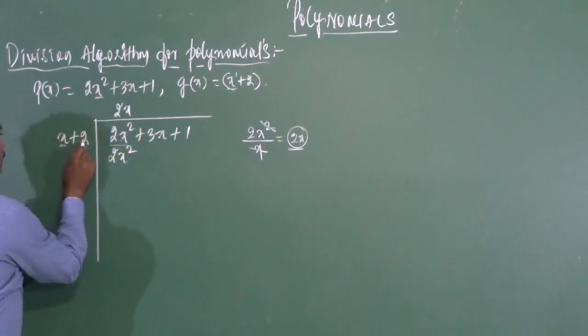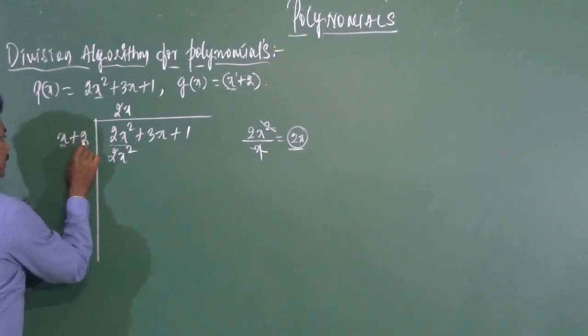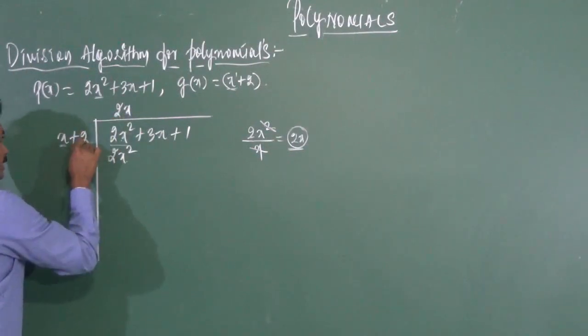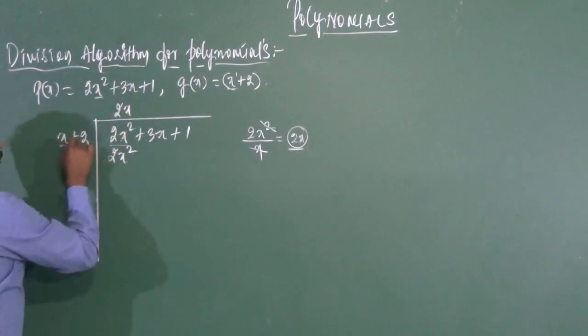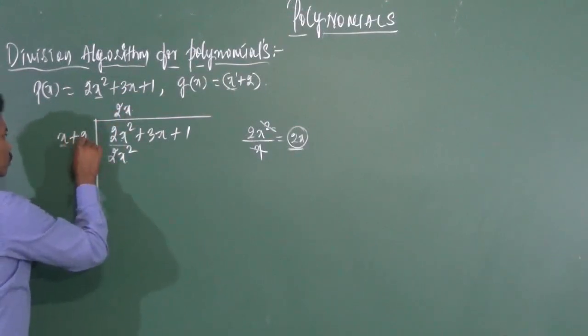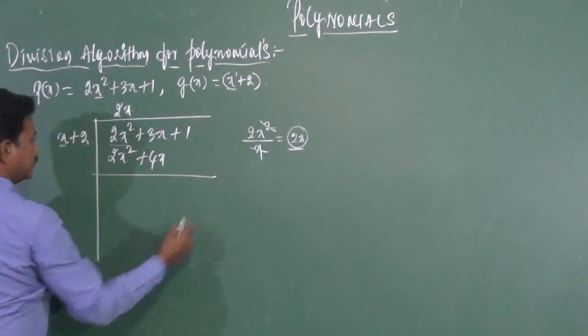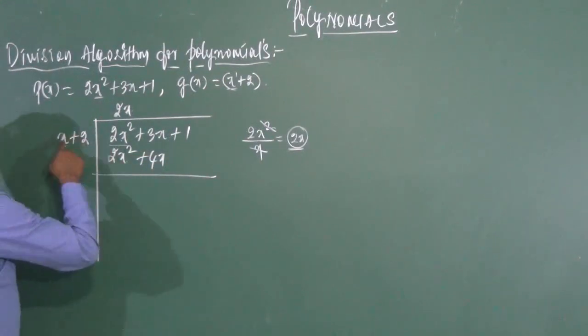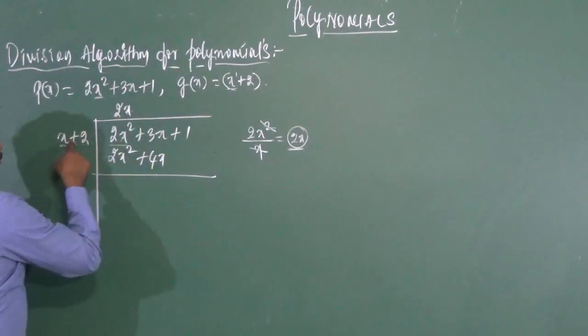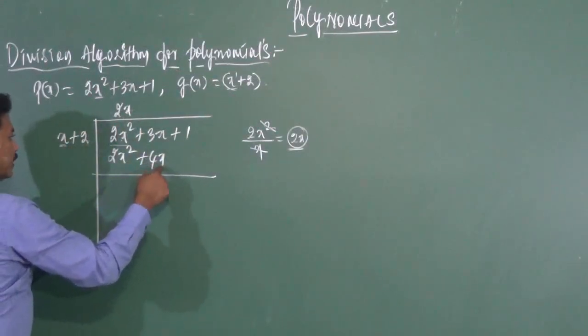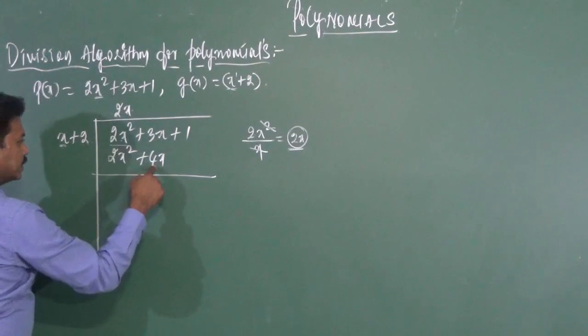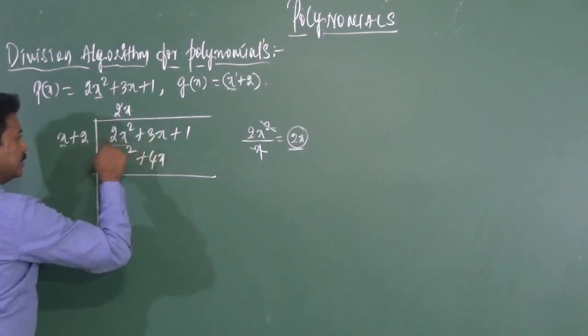Now this is the second term. Multiply this 2x by the second term also, with sign. So plus 2 into plus 2x is plus 4x. Now x into 2x is 2x square, plus 2 into 2x is 4x. Here we write the terms we have got below the like terms in the polynomial.